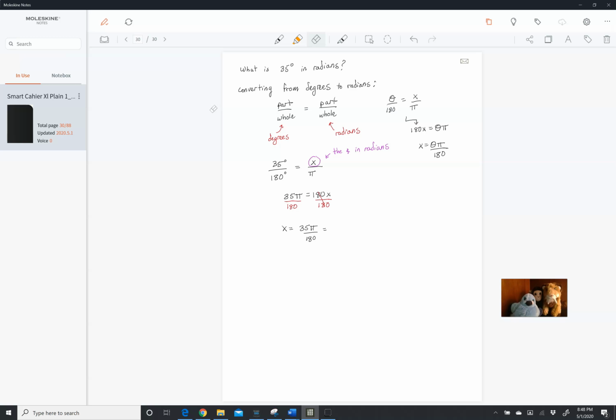So both of these are divisible by 5. So it's 7 pi over 36. And this would be the angle in radians. Okay, so you're leaving in terms of pi, but you're reducing.